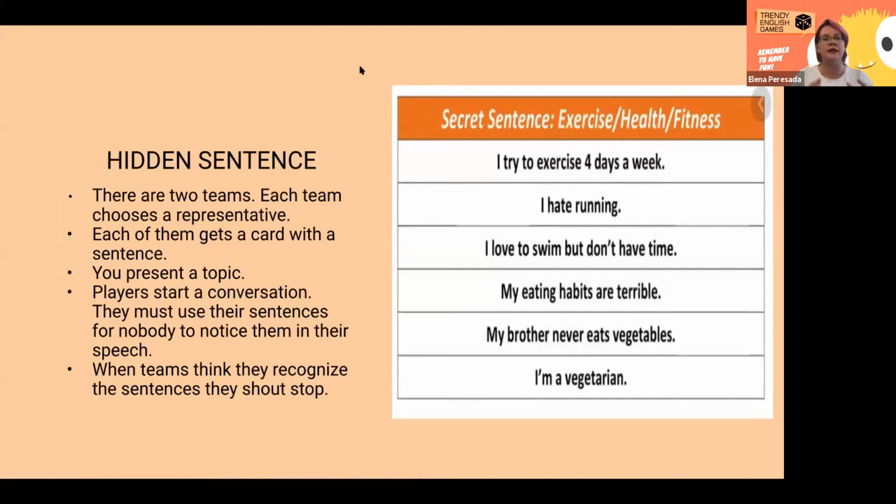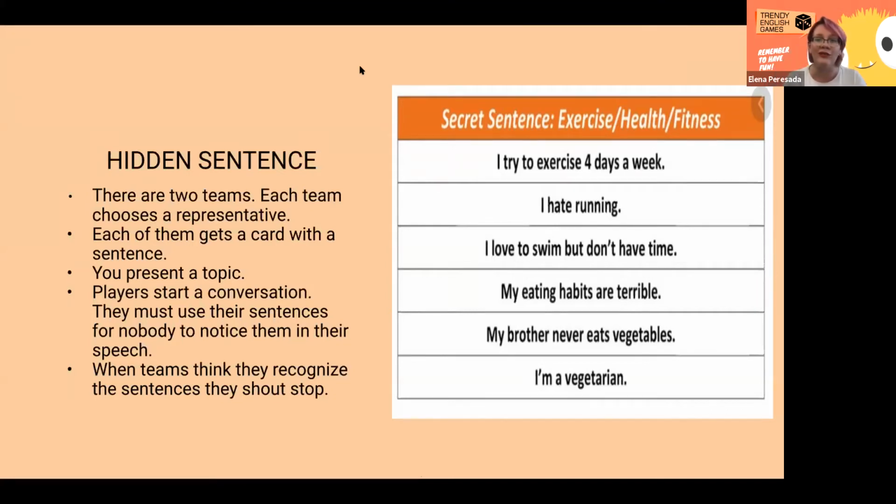Then I tell them, you've got 1 minute to talk on the topic of exercise, health, and fitness, and you need to use this sentence while you are talking. It is quite interesting, quite challenging, and it's a good speaking practice. Of course, this game works quite well only with high levels.